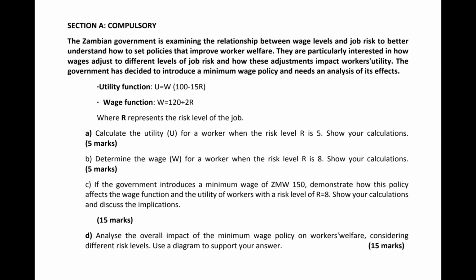So you can say 130 times the 100 minus 15 times the risk.